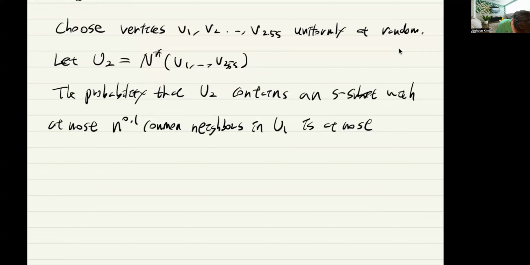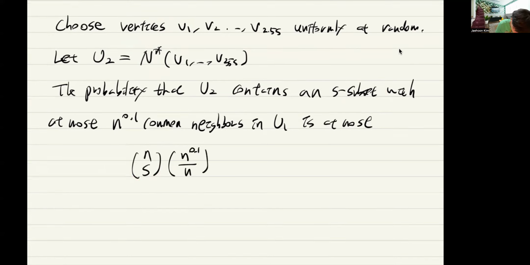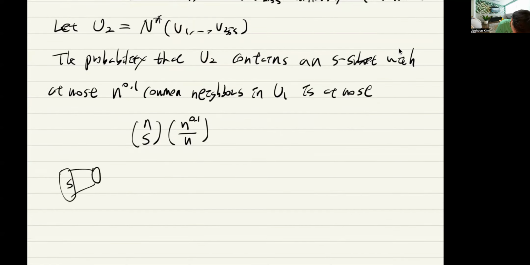Out of all choices of bad s subsets, which is at most n choose s, the probability that they are included is what? If an s subset has a common neighborhood of size at most n to the 0.1, and B1 to B2.5s are all in there, then this s subset is included in U2, which happens with probability to the 2.5s.